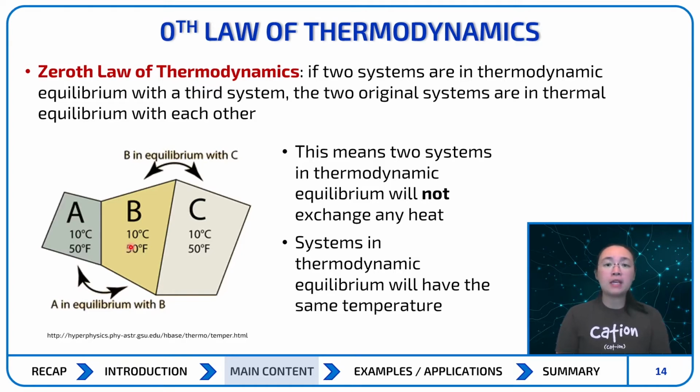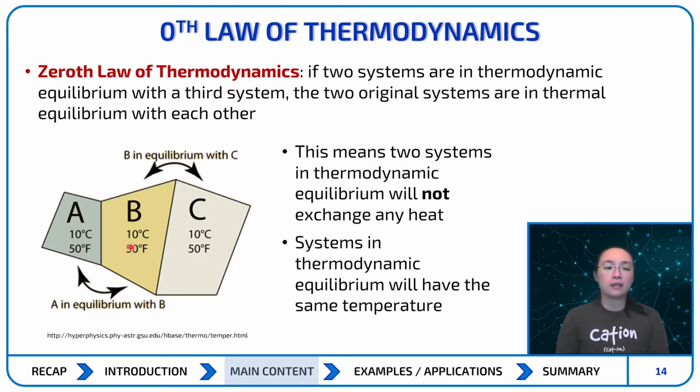So by making that connection between A and B and C, we can say that A and C are also going to be in thermal equilibrium with each other. So just keep in mind that when two systems are in thermodynamic equilibrium, they're not going to be exchanging any heat, and because of that, they will have the same temperature.